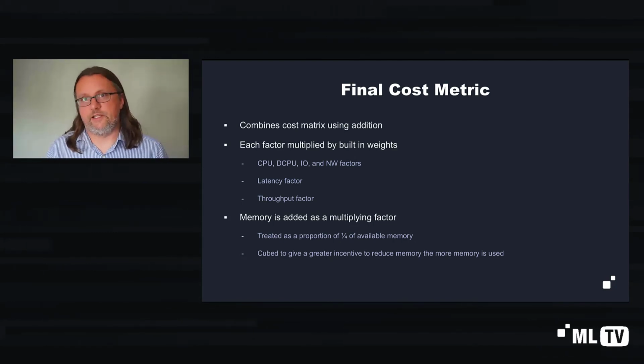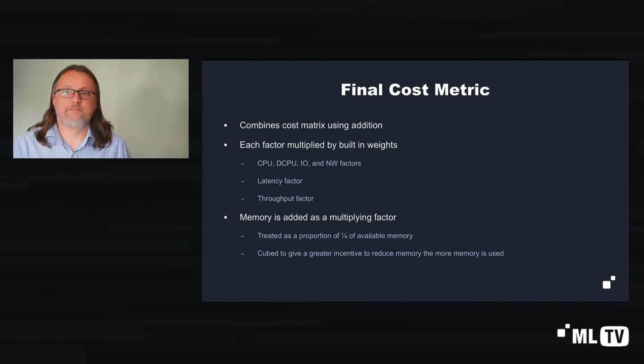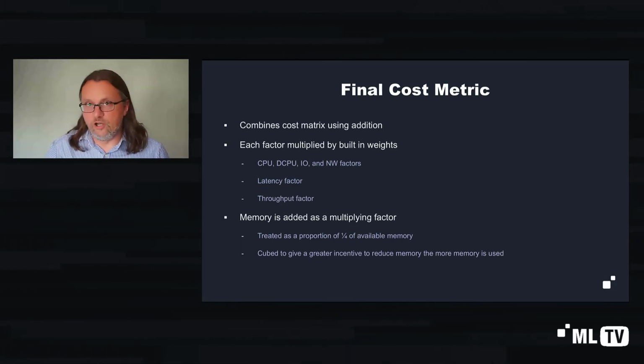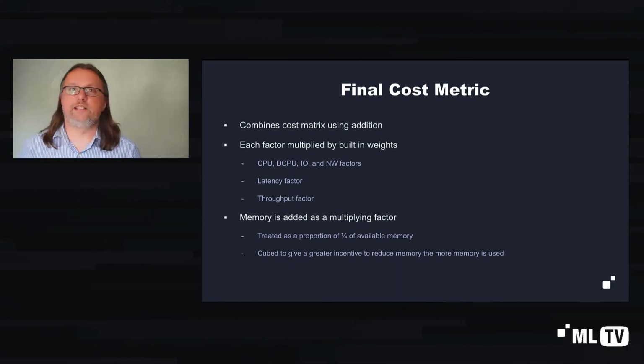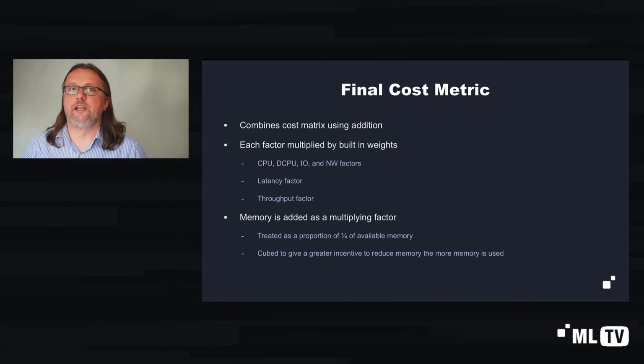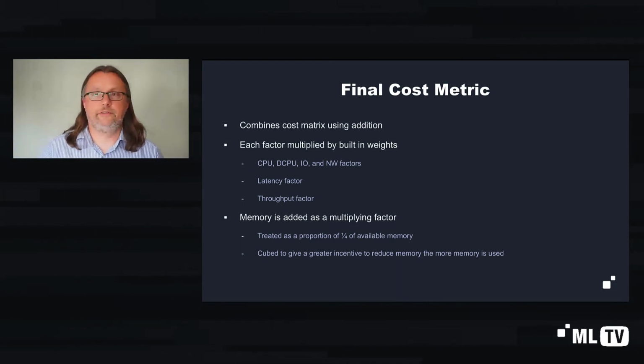It won't always succeed, depending on the query, but that's its aim. And we use a cubed function for that as well, so that it rises sharply after it exceeds that quarter proportion, and the cost optimizer therefore spends more time trying to reduce the memory that it's using than on other types of optimizations.